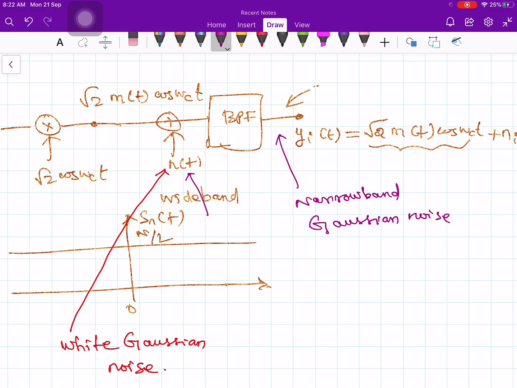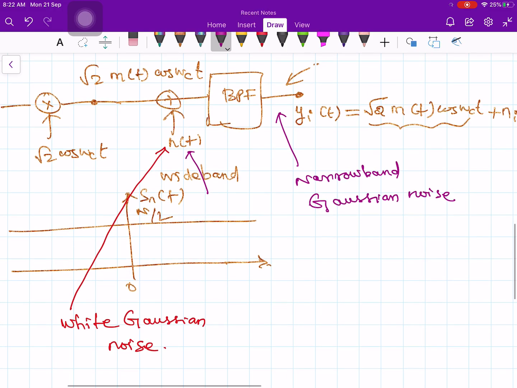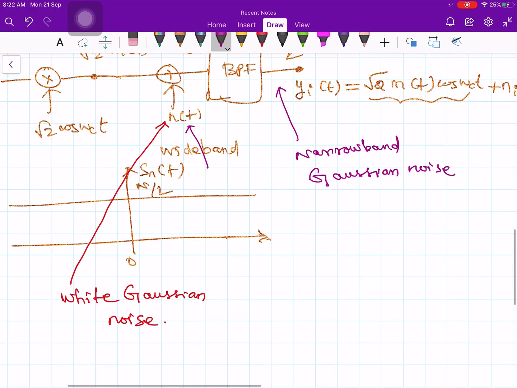Therefore, the power spectral density of noise will get modified to have a bandwidth of 2B.